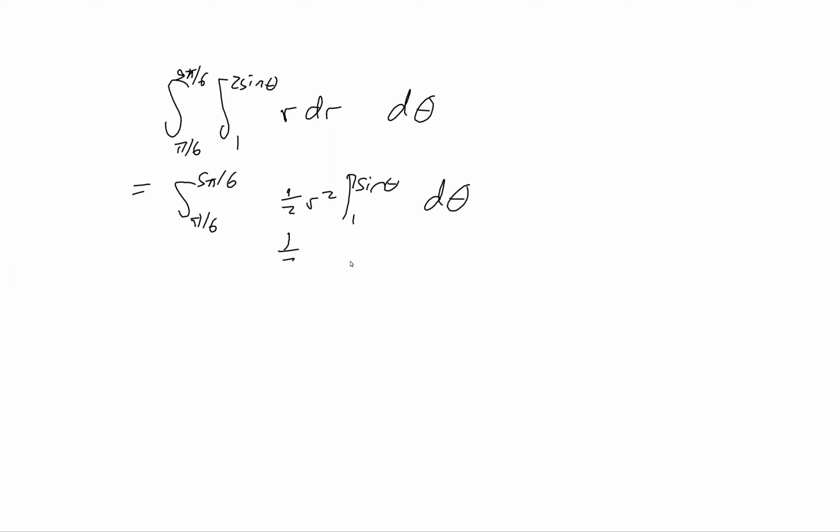And of course, this is 1/2 times (2 sine theta) squared minus 1. And now we're integrating again with respect to theta. And this integral is totally doable, right? This is an ordinary 1D integral.